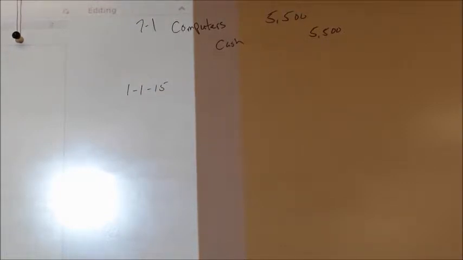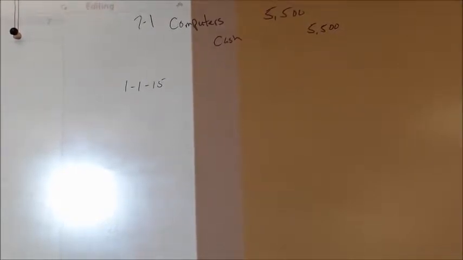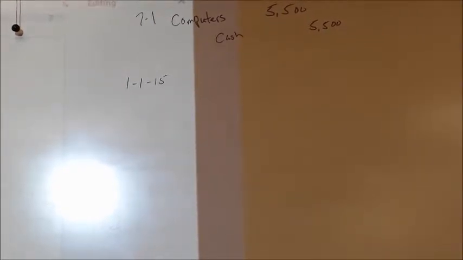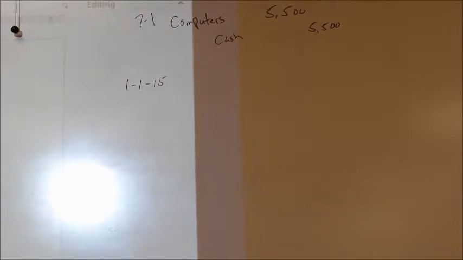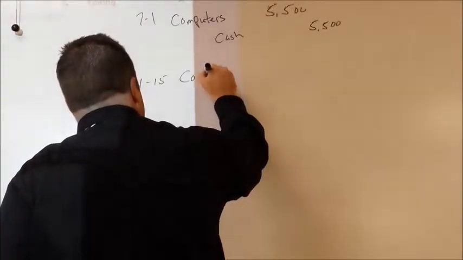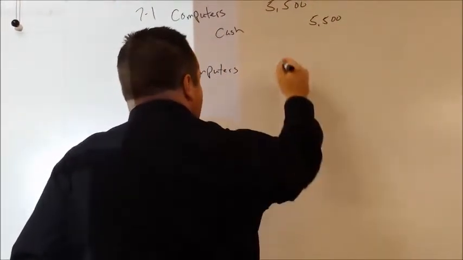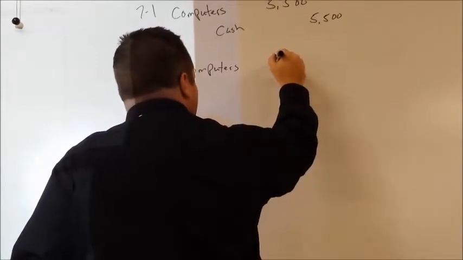True. And what do we call that kind of a purchase when I need to add it into the computers? Capital expenditure. And why do you say it's a capital expenditure and not an ordinary repair? Because it adds useful life. Yeah, it adds useful life. So when I added this hard drive, how much? $700.